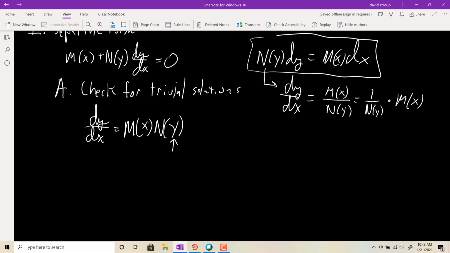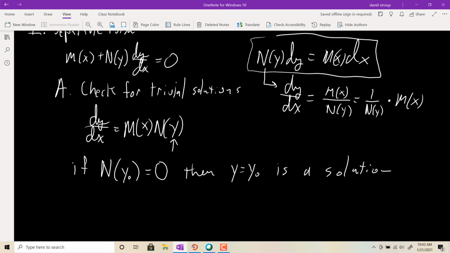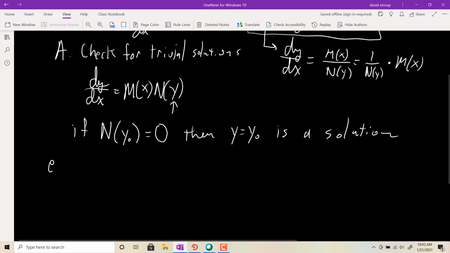So if you find this particular y, I'll call it y sub 0, such that the function of y equals 0, then y equals y sub 0 is a solution. I know it's hard to understand what I'm talking about because I'm talking in generalities, but we can give some quick examples.